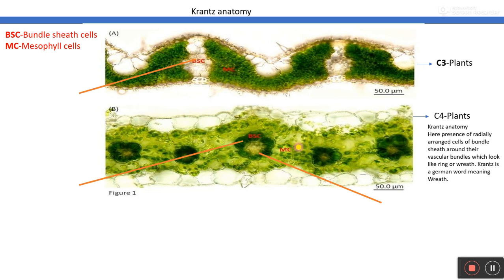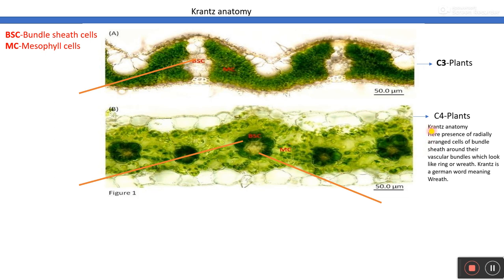The second kind is present in bundle sheath cells, which don't have any grana. For this reason, the chloroplasts present in C4 plants are of dimorphic type.